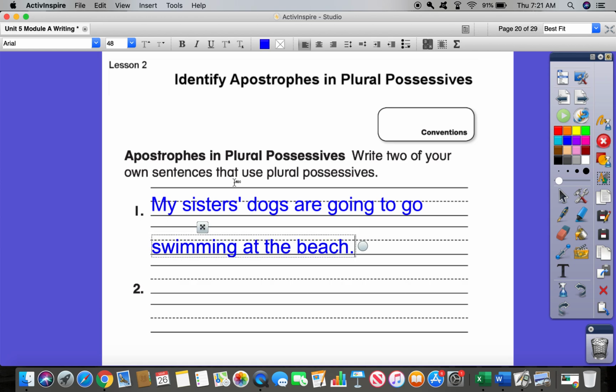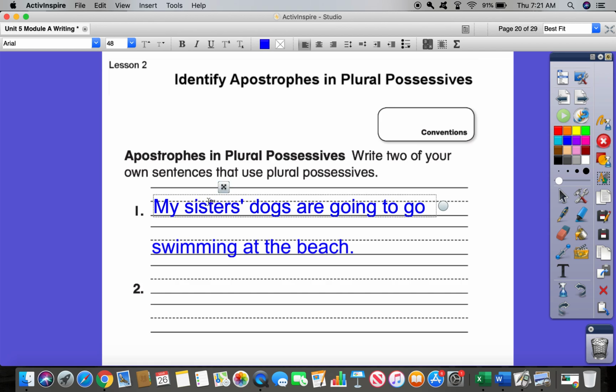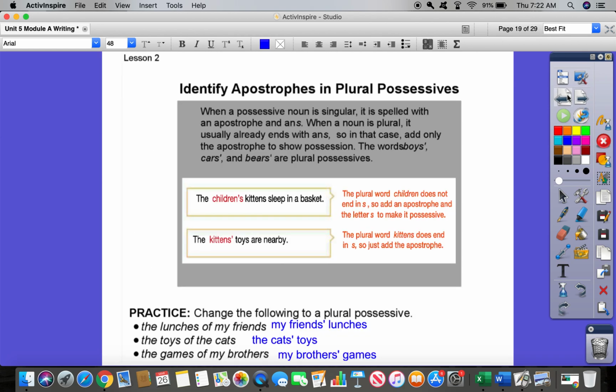Okay, that's just one example. Here, the plural possessive, sisters', 2 or more, the apostrophe follows the S. The dogs belong to my sisters. I would like you to come up with 2 of your own sentences. You can look at this one to help you, or look at these examples here if you need ideas.